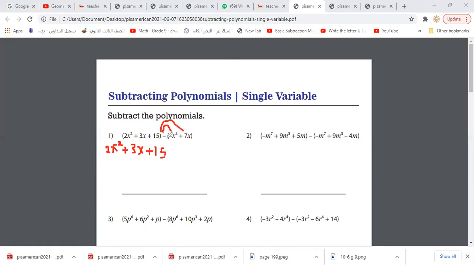Negative 1 times negative 1 will be positive x to the power of 3. Then negative 1 times 7 will be negative 7x.